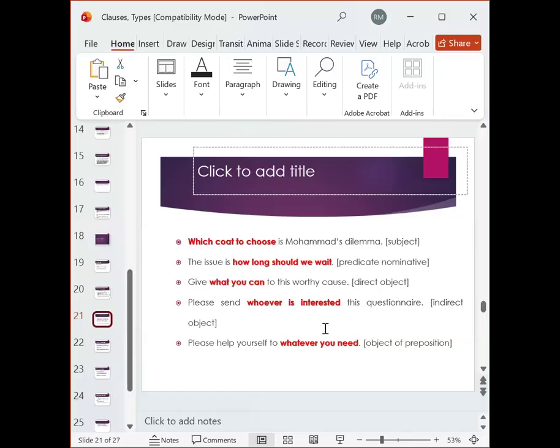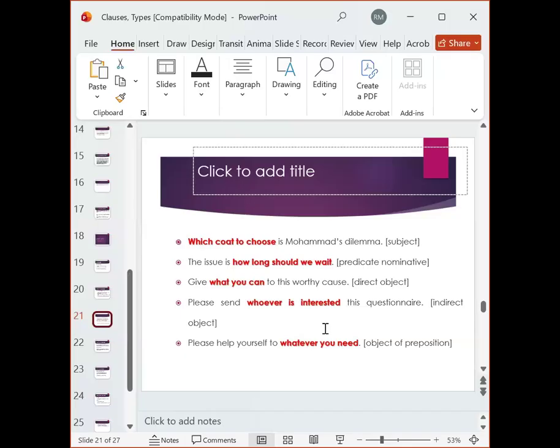So these are all noun clauses, and in these clauses we can see the finite verbs in them. For instance, in sentence 1, which quote to choose, to choose is a verb. How long should we wait? Should wait is the verb.